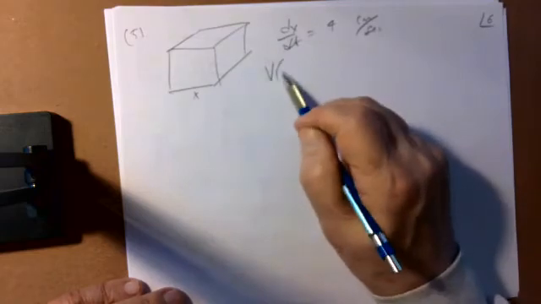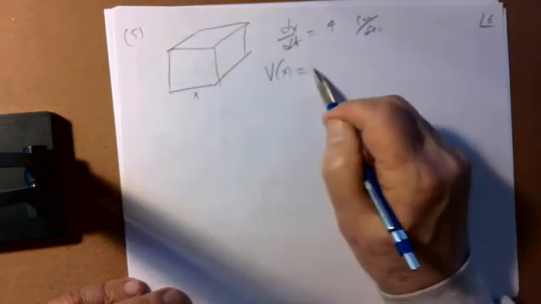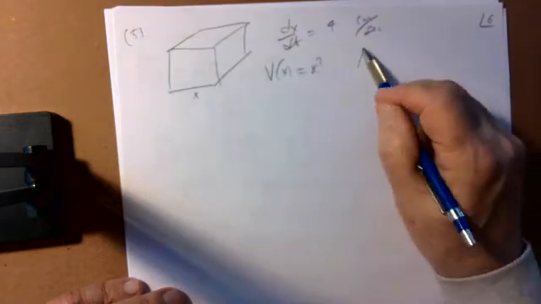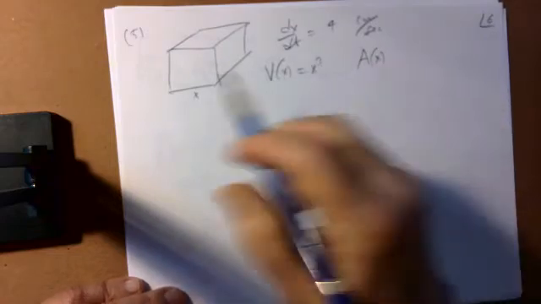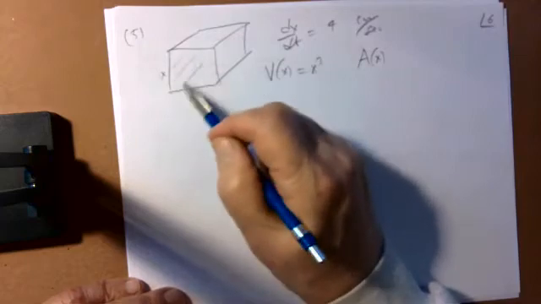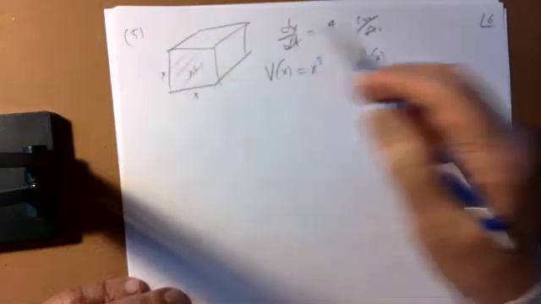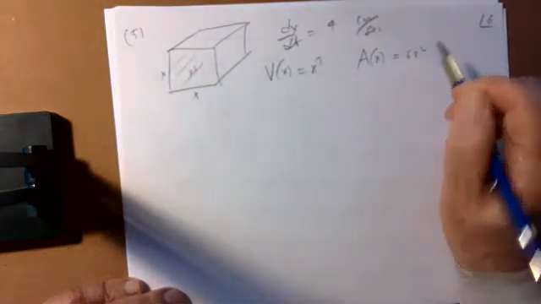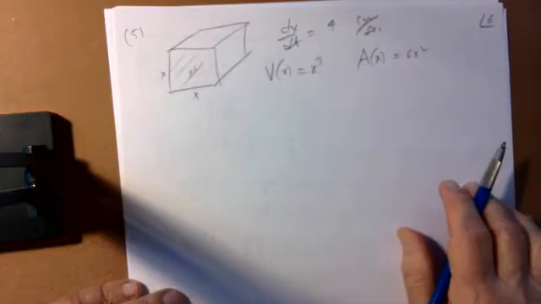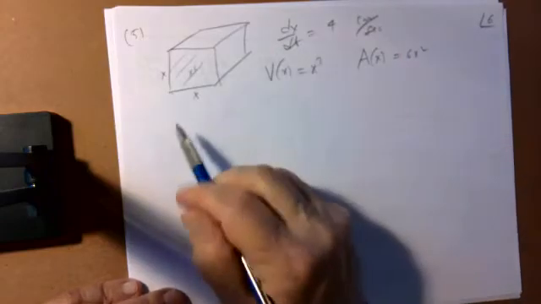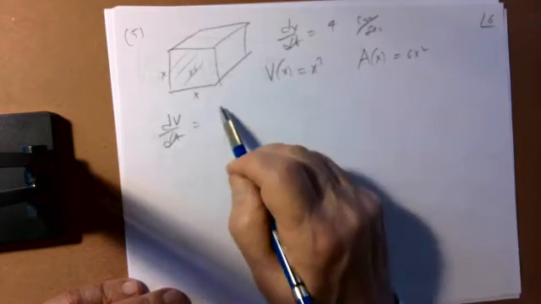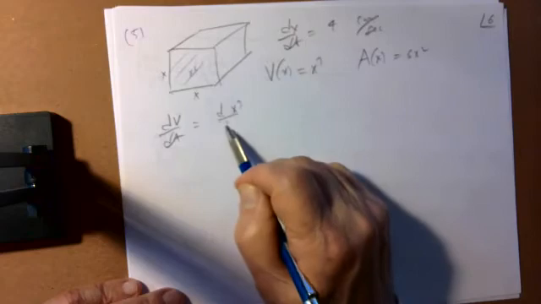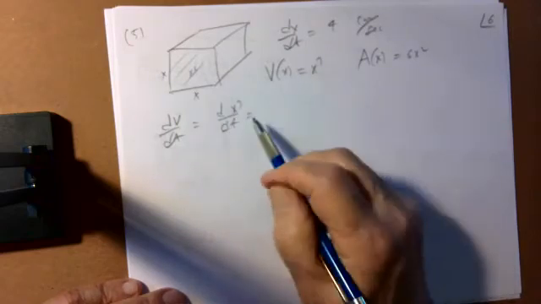So the volume of a cube of side x is x cubed. And the surface area of a cube of side x, each side has area x squared, and there's 6 sides, it's 6x squared. So dV dt, the rate of change of the volume, that's the derivative of x cubed with respect to t.